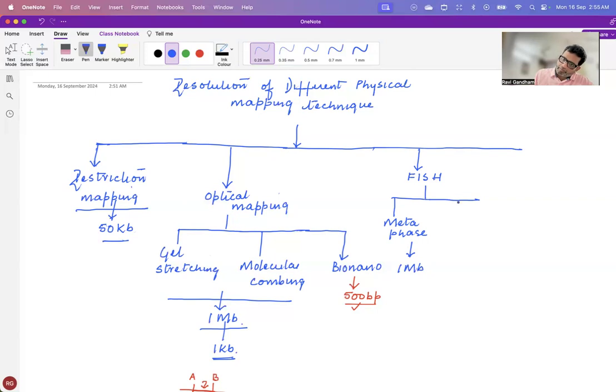And then we have studied a prophase FISH or the interphase FISH, wherein the resolution of this prophase and interphase FISH is around 25 kb.